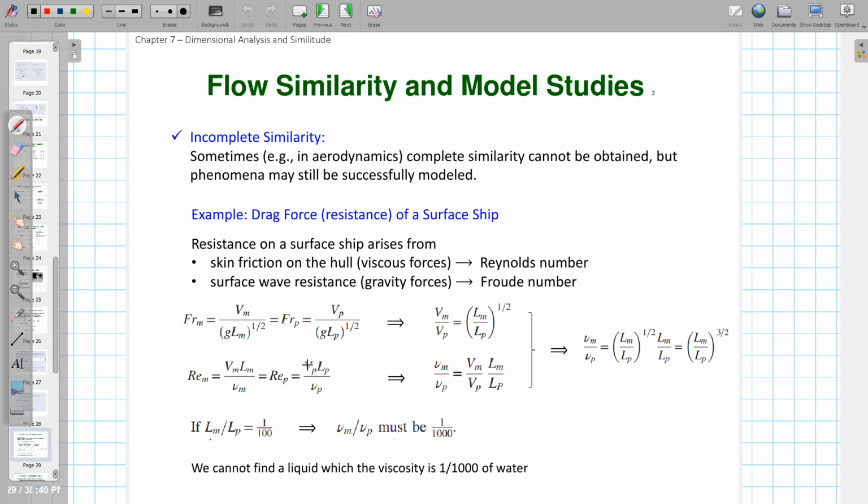Okay, so let's take a look at this problem, and I will show you why it's not possible.